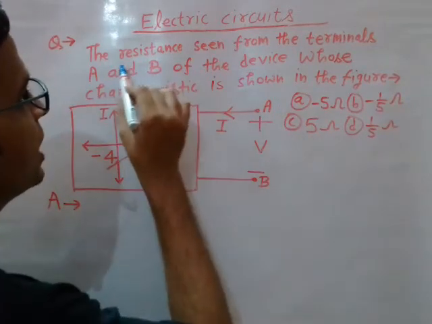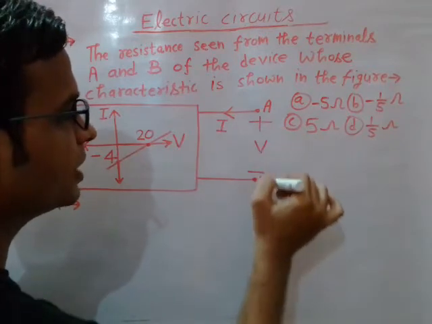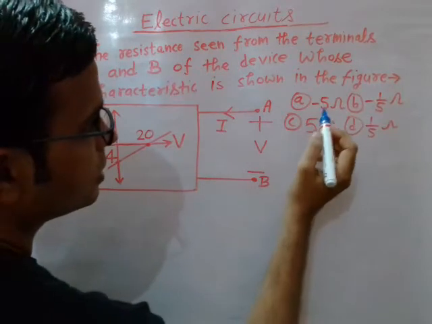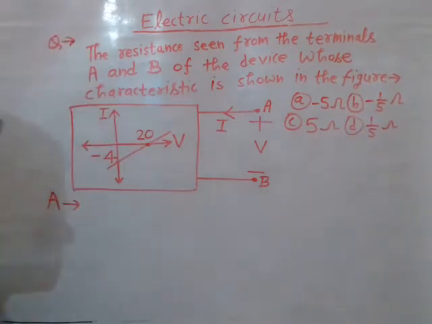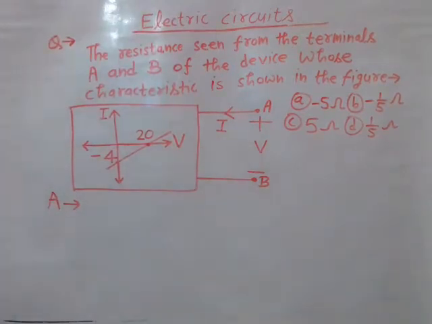Then you have to calculate the resistance seen from the terminals A and B. A, B, C, D are the four options, and out of these four options only one option is correct, and you have to choose that correct option, right?